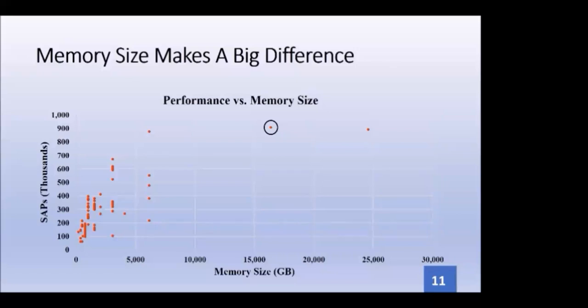IBM tells us that its Power 10, with its 16 OMI channels, provides a socket performance gain ranging from 2.2 to 3.2 times that of a Power 9 with 8 DDR ports. This indicates that SAP performance would be even higher with the OMI memory interconnect for Power 10.